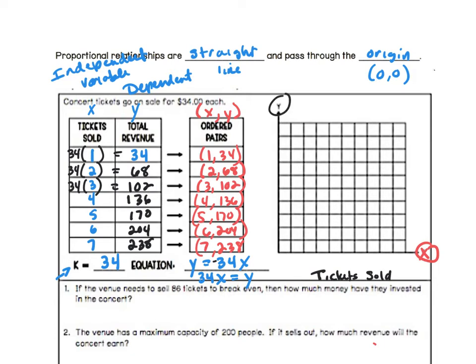Then you're going to notice here they talk about the Y values. So that would be the money, the total revenue. So I'm going to write that as total revenue. And revenue means money coming in. All right. So again, they haven't given us any numbers, so I'm just going to frankly use the numbers from my x-axis.